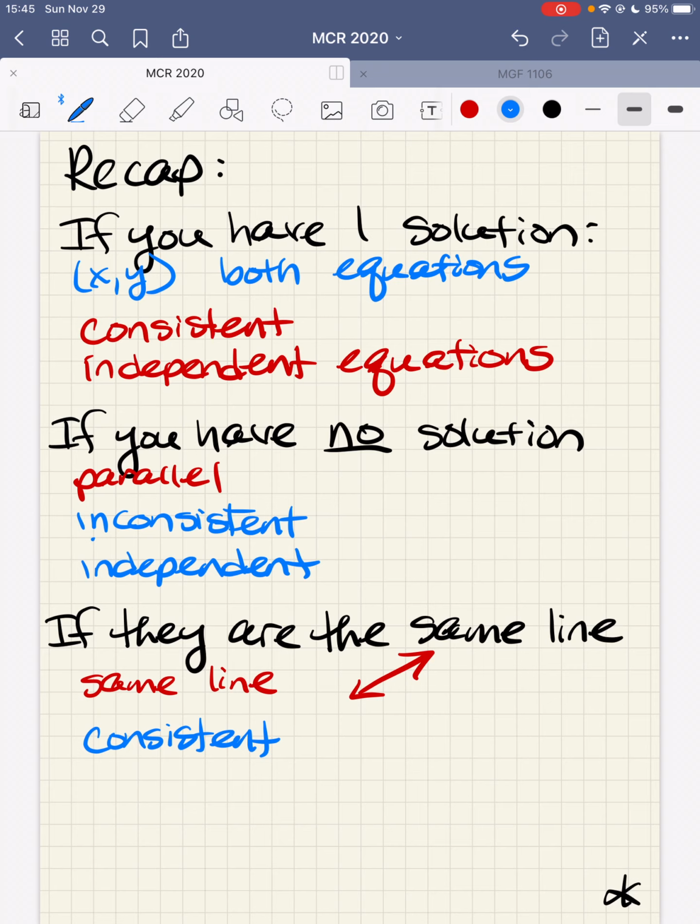But these are the same line, so these are dependent. Dependent, because they're literally the same line. They're right on top. These are not two separate lines. These are the same lines. All right? So go ahead and work on the problems we have, and I will see you in the next video.